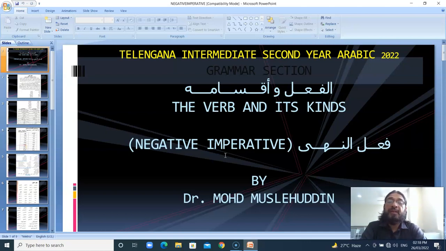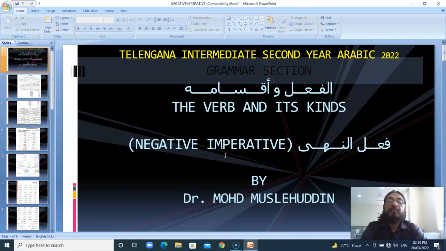So in the A section, you will be asked to convert present tense into imperative tense. For example, taktubu is a present tense. You have to make the imperative tense.